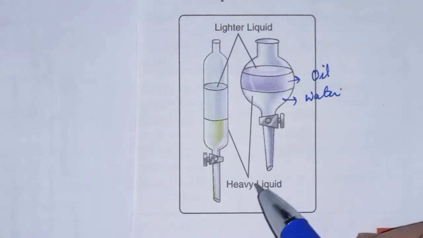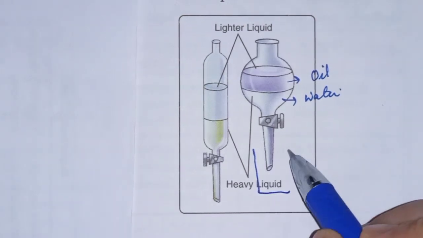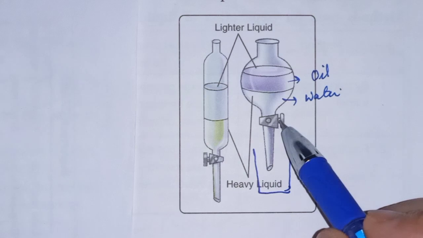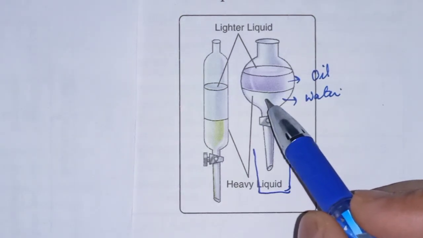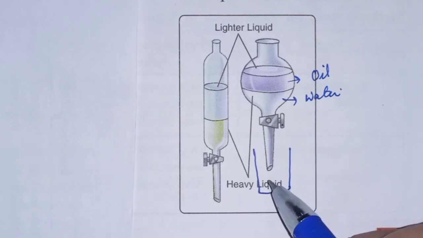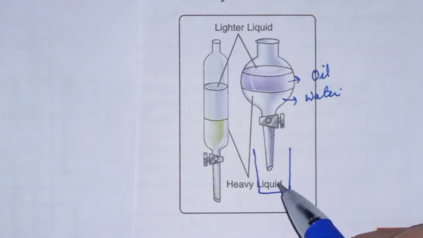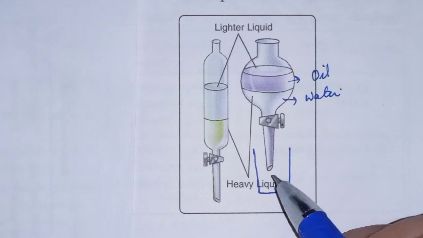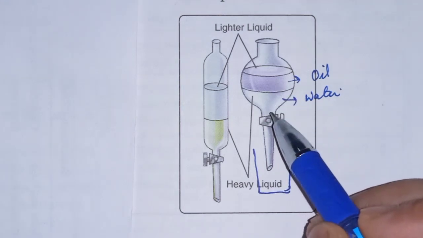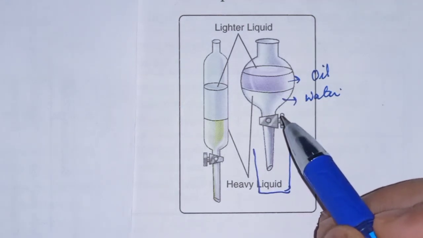Now what we will do? We will take a beaker at the bottom of the tube, and we will open this tap over here. So what you will see, water will flow slowly down and it is collected inside the beaker. When this layer reaches till here, we will again close the tap.